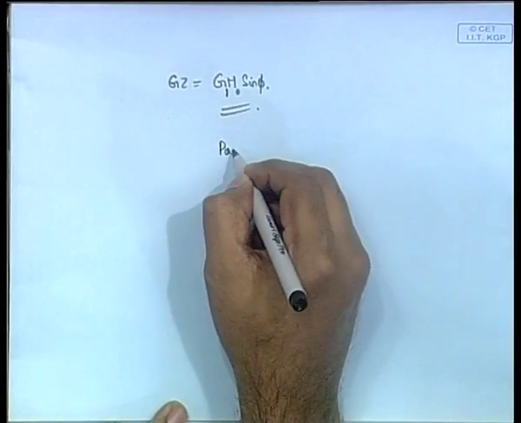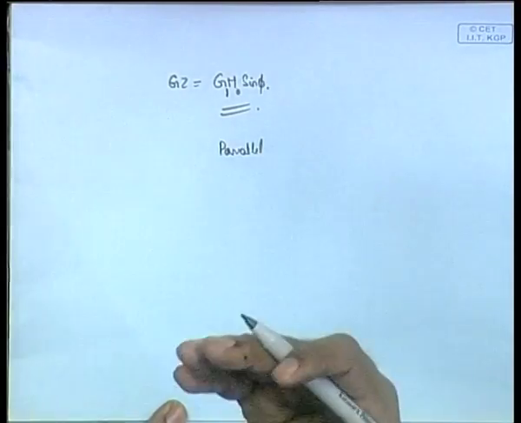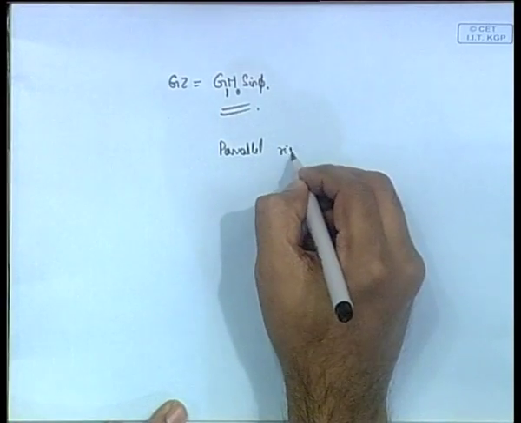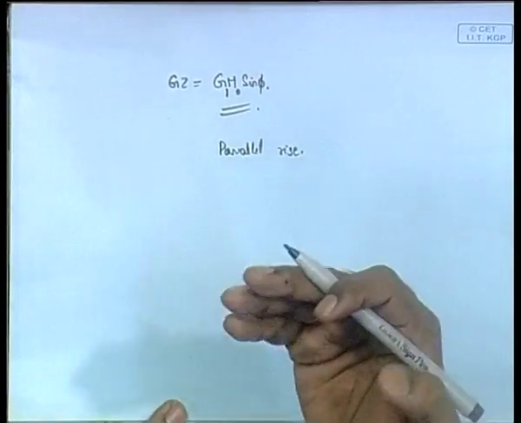Means at that point we call it parallel rise or parallel sinkage. It will actually be a rise in this case, because P is coming upwards. There is a force P acting upwards at this instant, and when a force P is acting upwards, the change in the parallel sinkage will be just P by TPC.